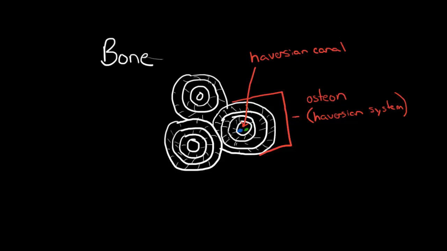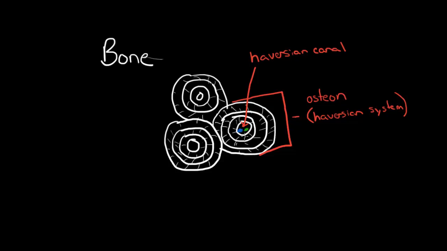Now, around that Haversian canal, we see these rings, and those rings are made up of hard matrix, and it's actually what we would call ground substance that's making up that matrix, and it's basically calcium phosphate, and so it's the calcium that makes that matrix really hard and gives bone lots of its important structural properties.